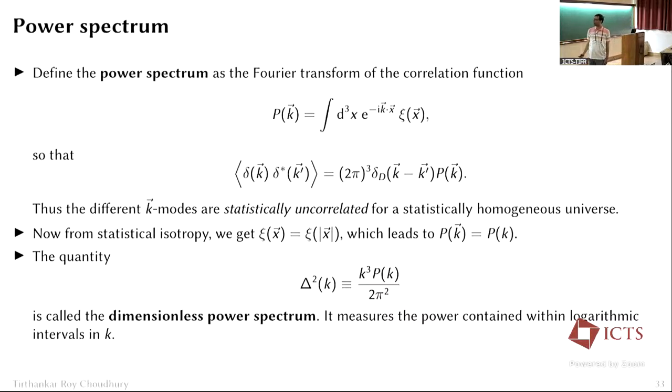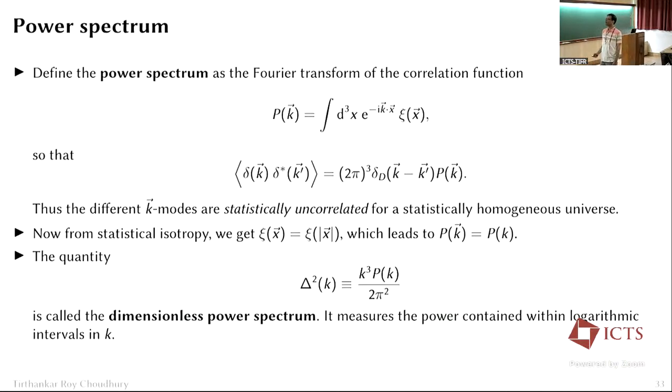Often people work with a slightly different definition of power spectrum, which is k cubed P(k) by 2 pi squared. If you go back and look at the definition of power spectrum, delta in x space is dimensionless. If you go back to the definition of Fourier transform, you will see that delta in k space picks up dimensions, because there is a d cubed k integral involved.